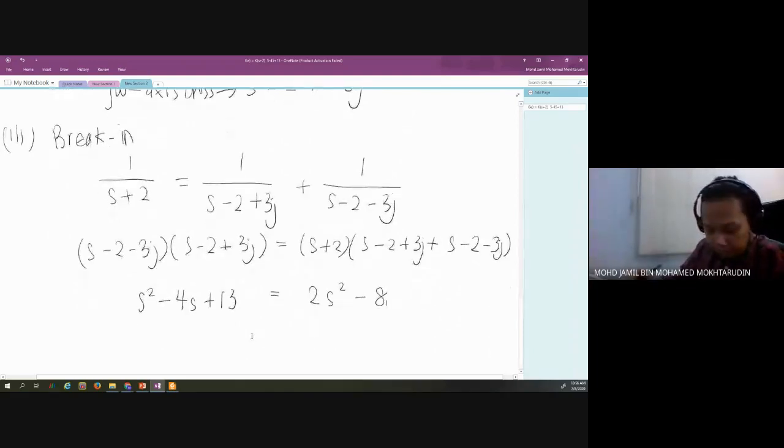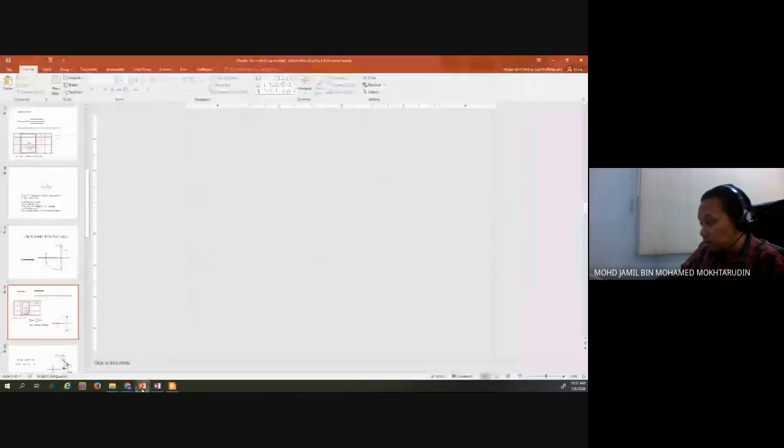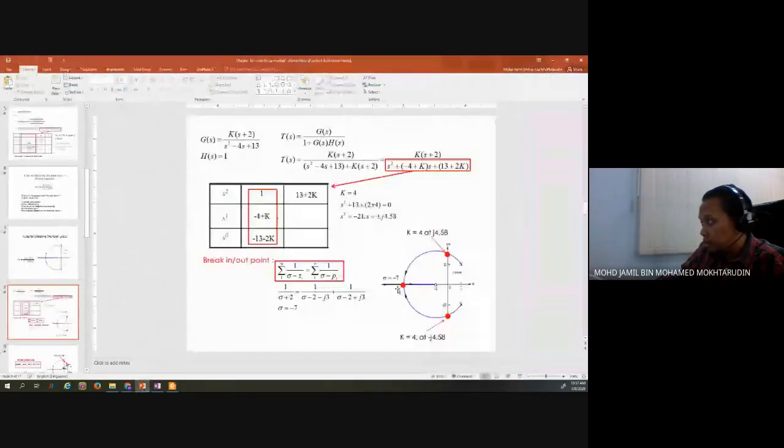And then further simplify, you will get s square plus 4s minus 21 equals 0. So you have s at minus 7 and 3. So there are 2 breaking points. One is at minus 7 and one is at 3. Okay, so minus 7 here.